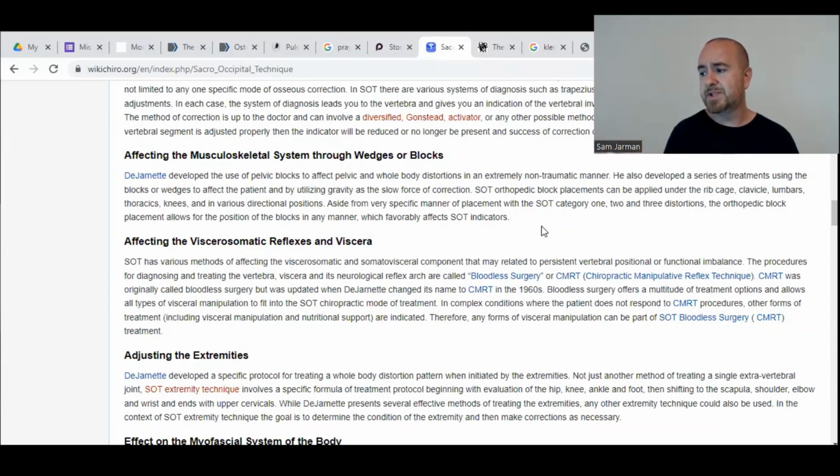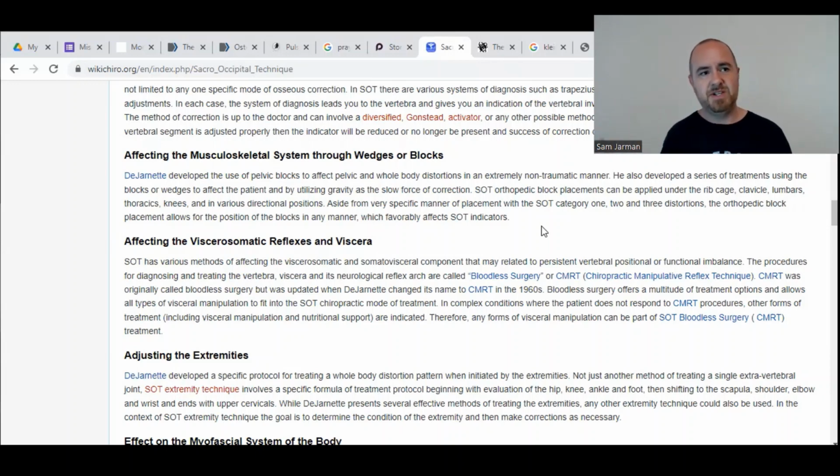He also built a series of treatments using blocks or wedges to affect the patient by utilizing gravity as a slow force of correction. SOT orthopedic block placements can be applied under the rib cage, clavicle, lumbars, thoracics, knees, and in various directional positions. Very broadly from that, what you can gather is that wherever he identified a restriction, he would have some related method to block and leave somebody relatively still with that wedge there and let time do it.